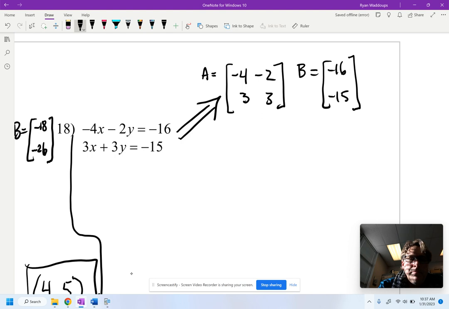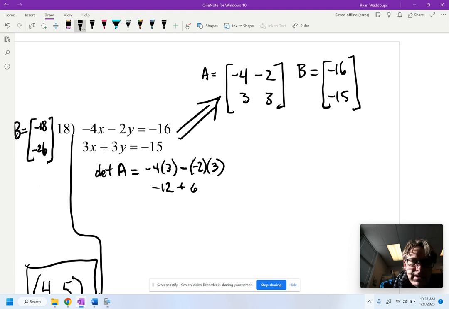So now the determinant of A is -4 times 3 minus -2 times 3. That's -12 plus 6, and that would be -6.